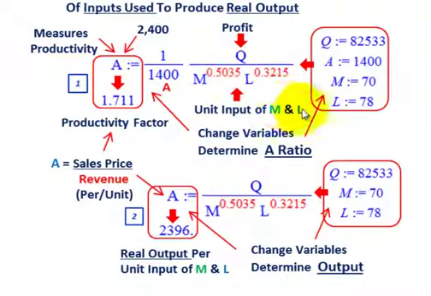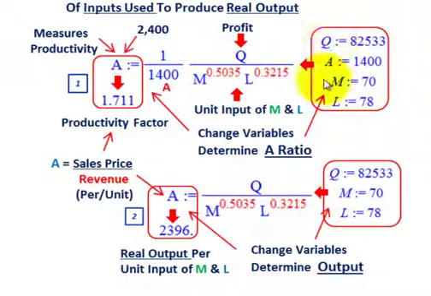So let's look at what we're talking about. Our units of input are M and L, and our profit would be Q. Let's say, for example, we had a profit of $82,533, and our unit price would have been $1,400, which is shown here. Based on that profit, we had material at 70 units and labor at 78 units. So what we're doing is solving for A, and that's really measuring our productivity.